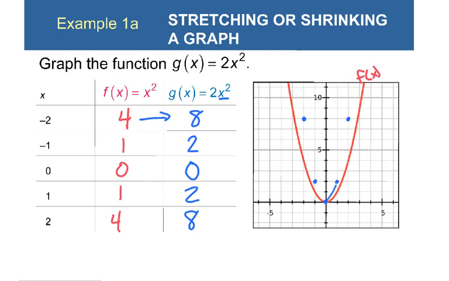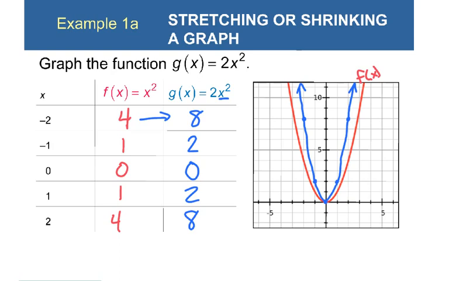So now we can draw a nice smooth curve connecting all of these points. And notice that the graph of our g of x function compared to our f of x function looks different. What happened to all of our values from the original function, it got stretched upwards. It stretched vertically.